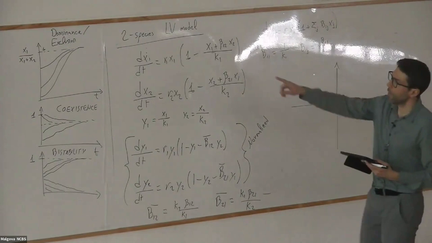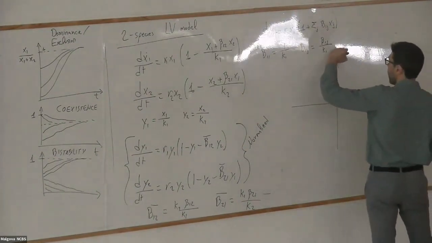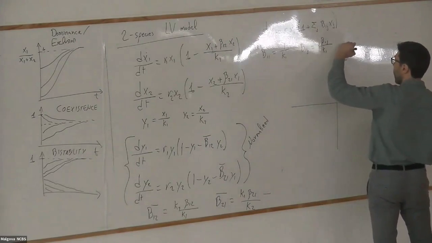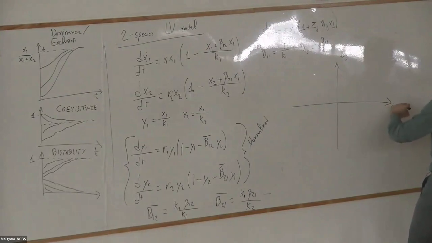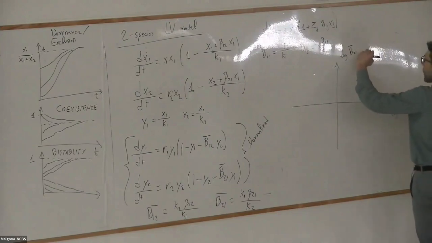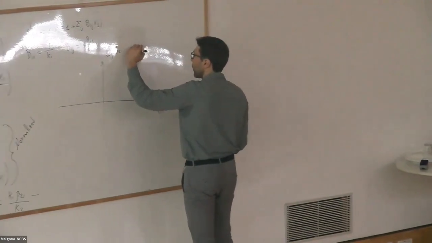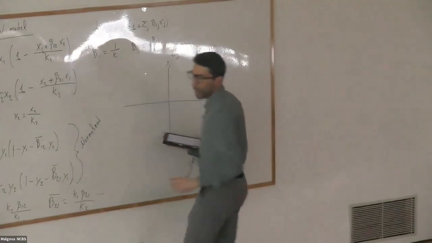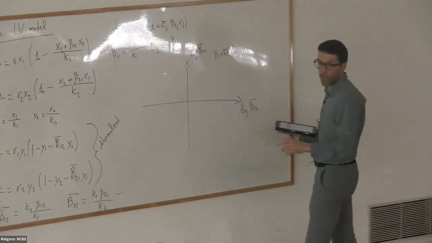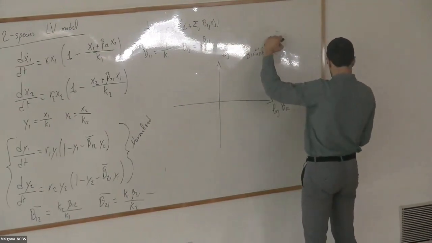Okay, so if we do this, we can capture the different outcomes of competition in the log of this beta to 1 and log of this beta 1 to b1 2. So in this case, we find that whenever the two coefficients b1 2 and b2 1 are larger than 1, we will find bistability.